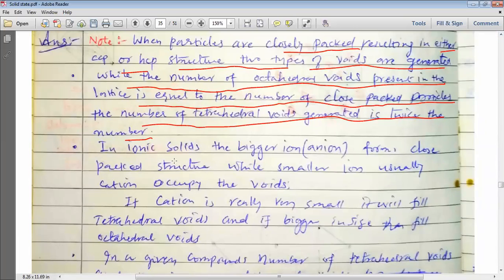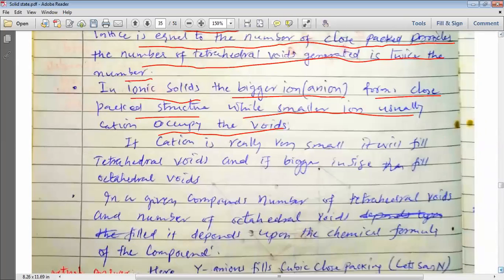Now what happens in ionic solids: the bigger ion, which is the anion, forms the close packed structure, while the smaller ion, usually the cation, occupies the voids. If the cation is really very small, it will fill the tetrahedral voids, and if bigger, it will fill the octahedral voids.